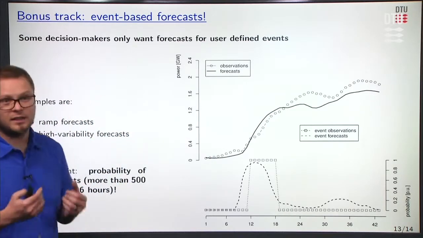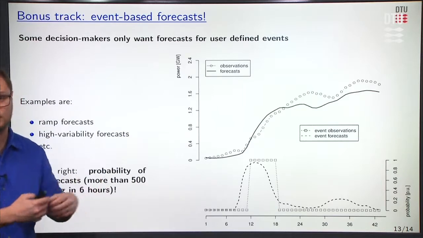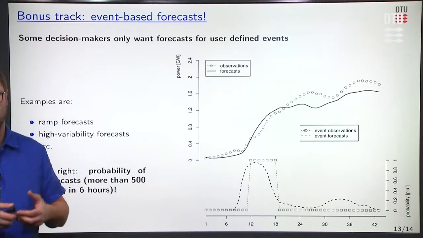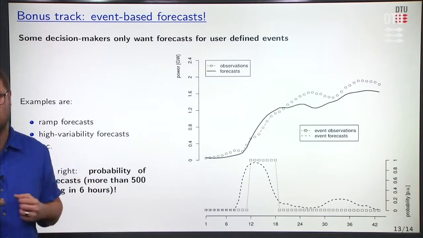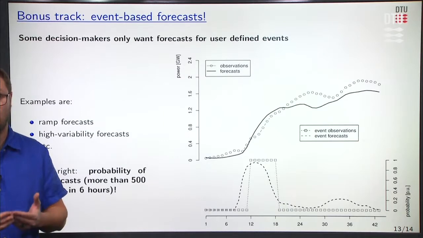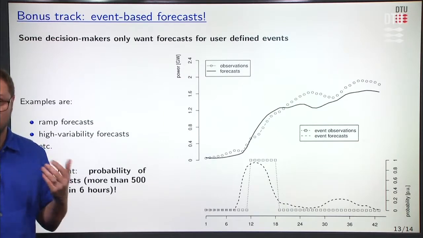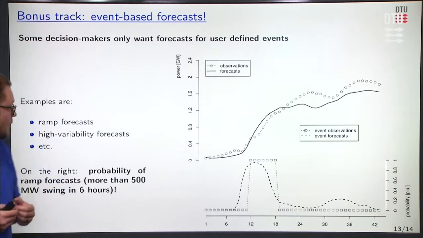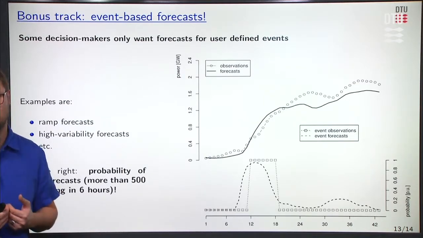Instead of predicting all these nice envelopes, instead of predicting all these alternative trajectories in the future that can be quite too much information, maybe you say, please just inform me about the probability of this event I define to happen. So some type of events would be ramps. So tell me what is the probability we're going to observe some steep increase in power generation.